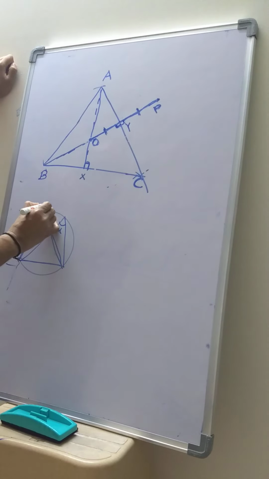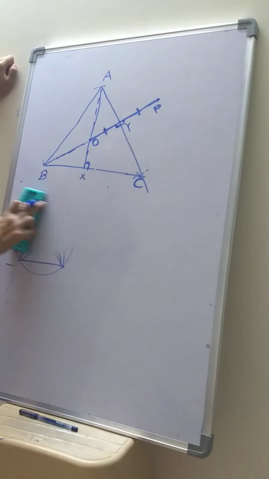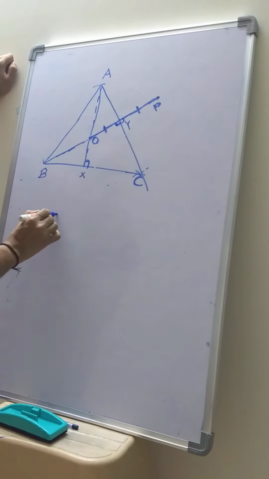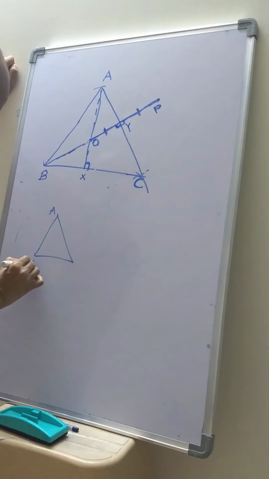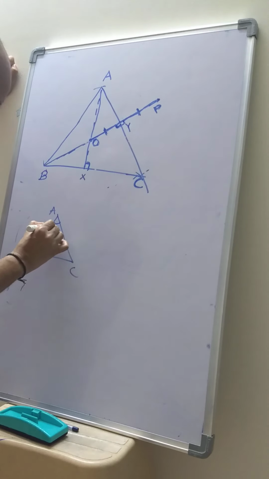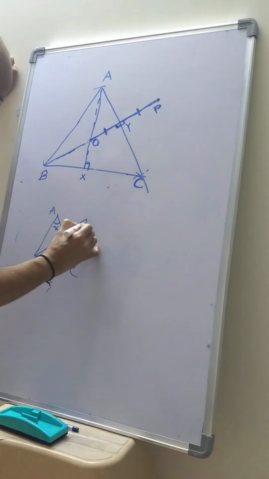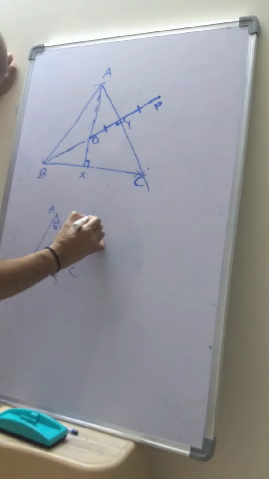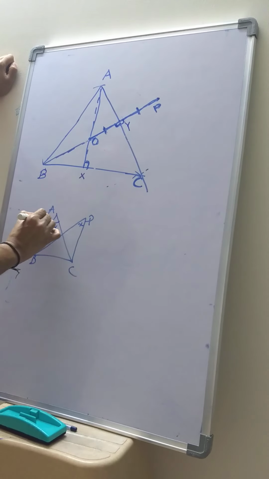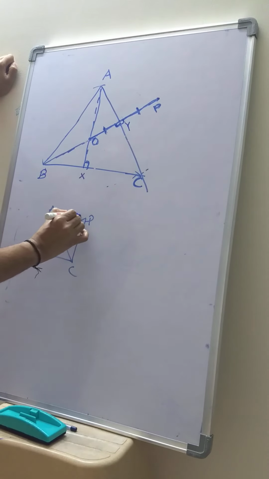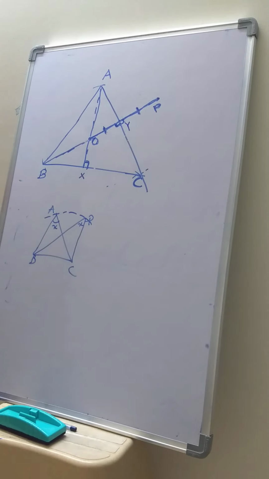Let's say this was point A, this was point B. So if you had a triangle ABC where this angle was X, and you draw another triangle with angle also X, with the vertex being point P, then you can prove that A, B, C and P will be on a circle.